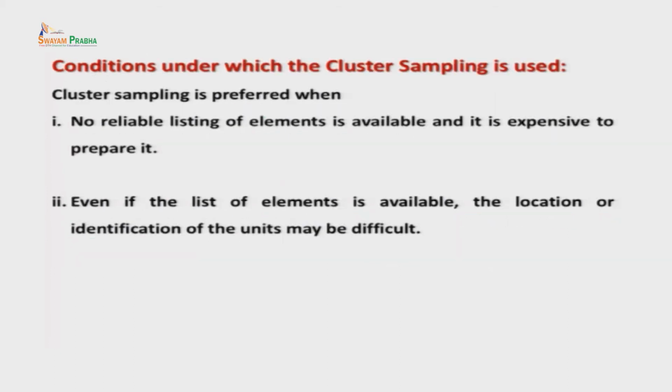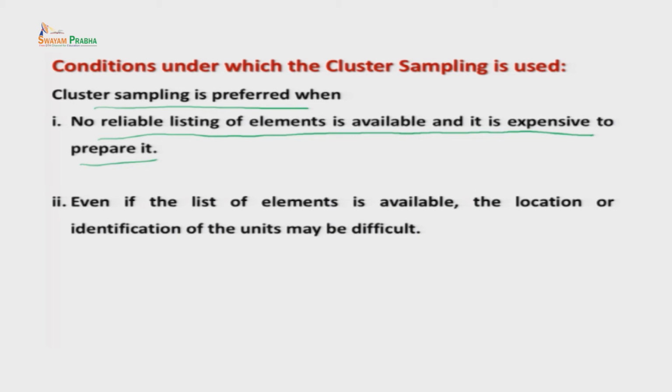So, the next question comes: under what type of condition is this cluster sampling preferred or more useful? This cluster sampling is preferred when no reliable listing of elements is available and it is expensive to prepare it, or it may take a very long time to prepare those things.